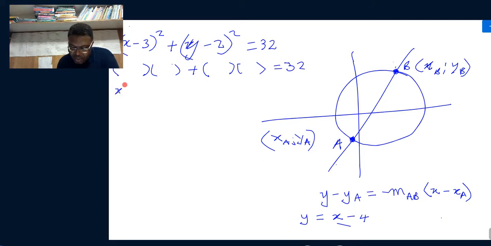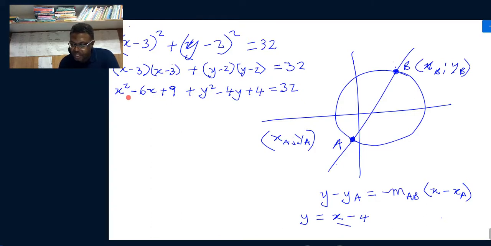We are going to have x squared minus 6x plus 9. Here is x minus 3, also x minus 3. Here is y minus 2 and y minus 2, plus y squared minus 4y plus 4 equals 32.